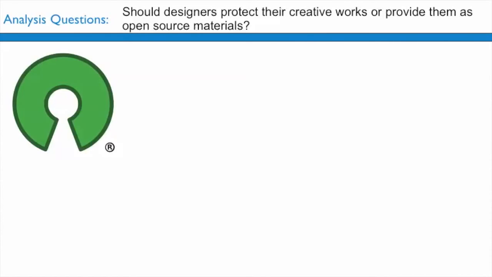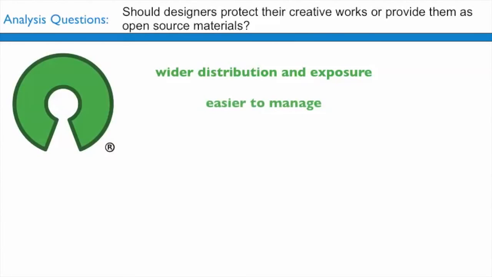From the perspective of a designer, open source materials provide wider distribution and exposure to the artist's work. They also require less management because there's no need to track the usage of any piece of art. Many designers also feel that making their work open source serves as a way to give back to the design community and move the visual design industry forward.